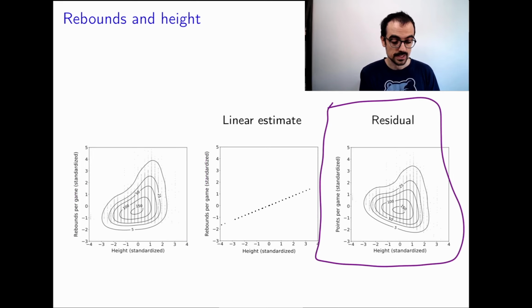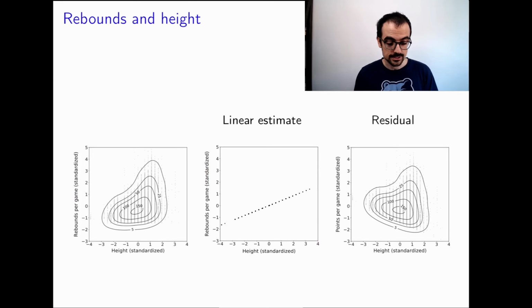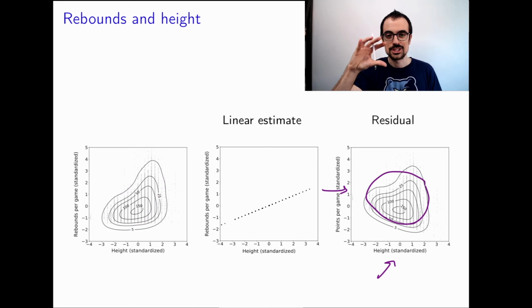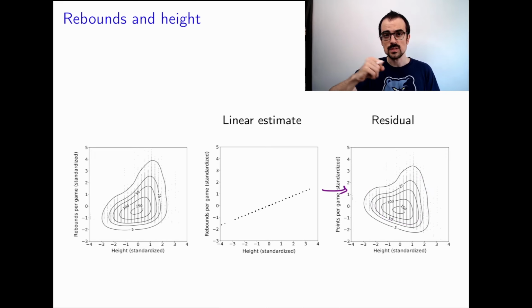And we proved in a previous video that the residual, just to be clear, is on this y-axis, that's B minus the linear estimate, is uncorrelated with height. We showed that. And actually you can see that the shape here is kind of proportional in a way, and this has been corrected. It has been reshaped, so to say, rotated a bit, so that the linear relationship is not there anymore, at least on average.